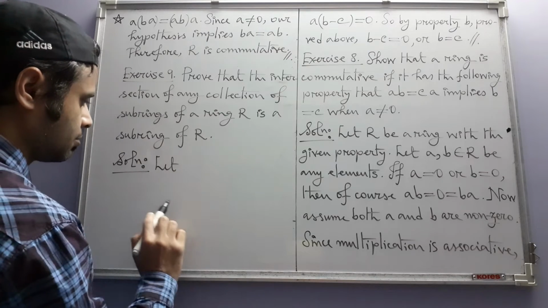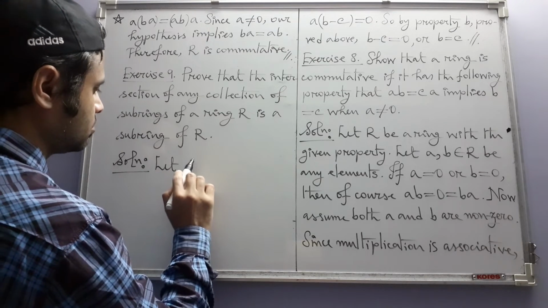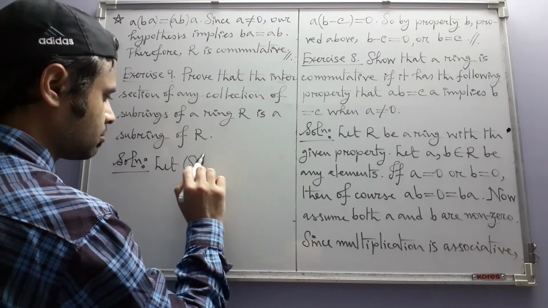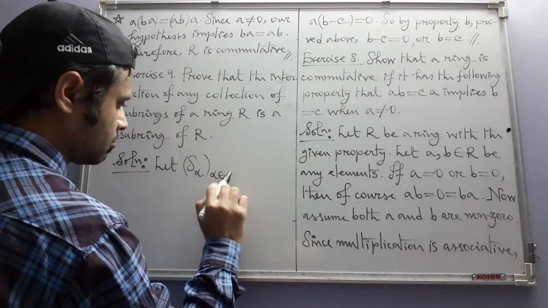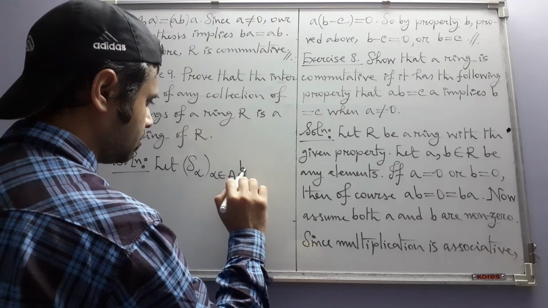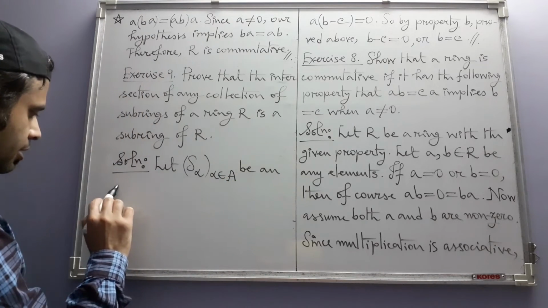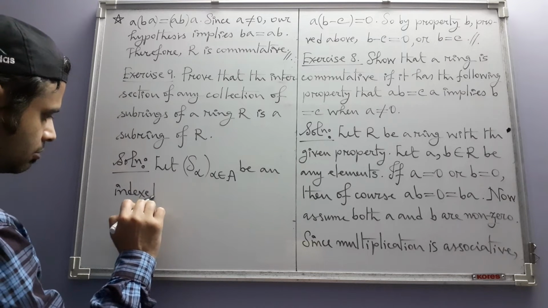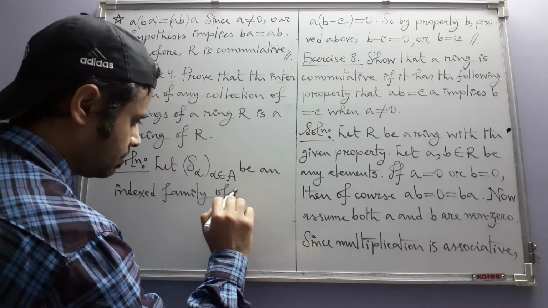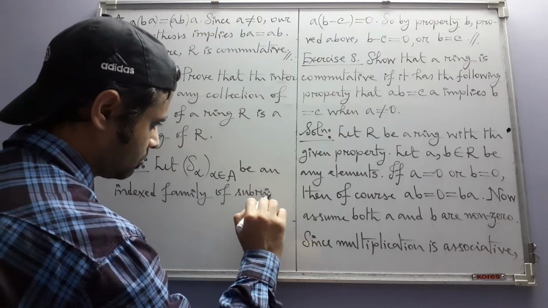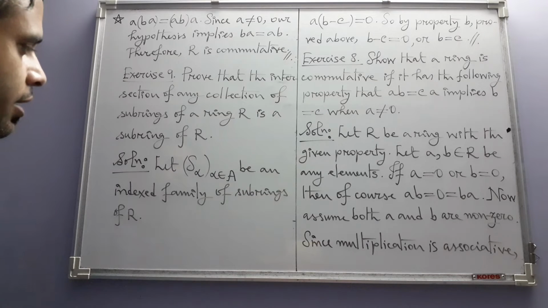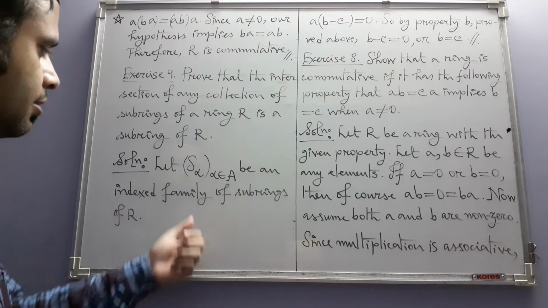Let S alpha, alpha belonging to say A, be an indexed family of subrings of R, which is actually any collection of subrings of R.